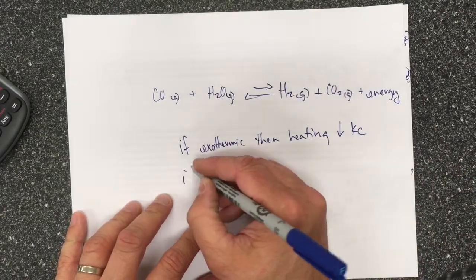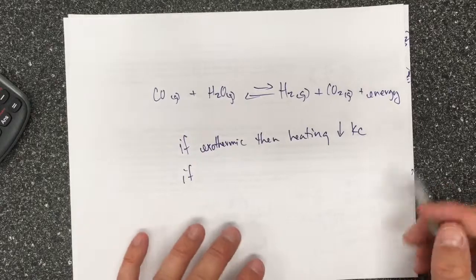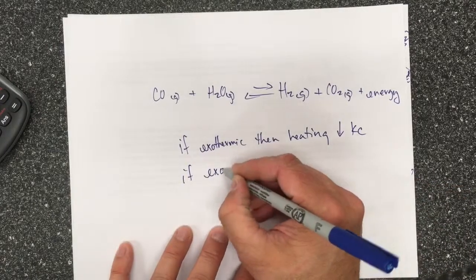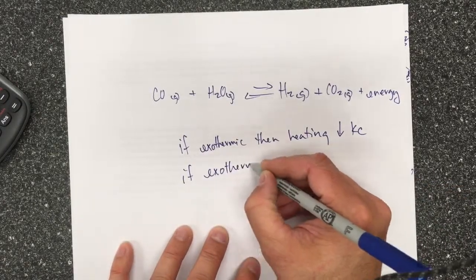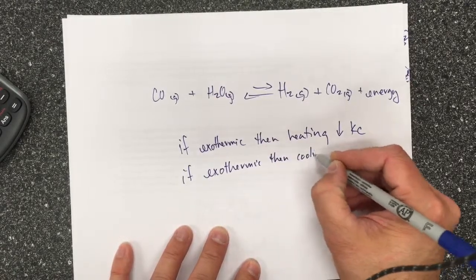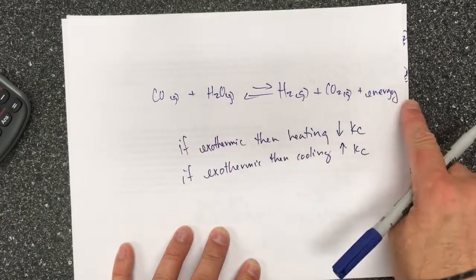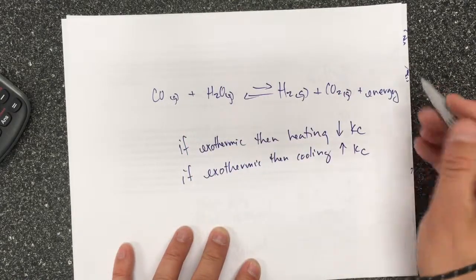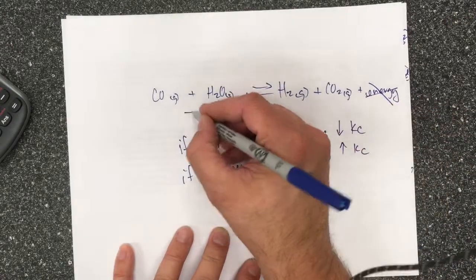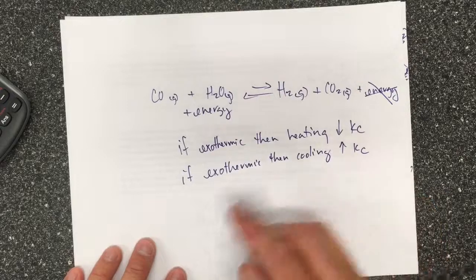If it is exothermic and we cool it, Kc should go up. So if it's exothermic, then cooling will increase the Kc, because I cool it and it drags the energy this way. But let's say that it's endothermic. So the energy is a reactant.